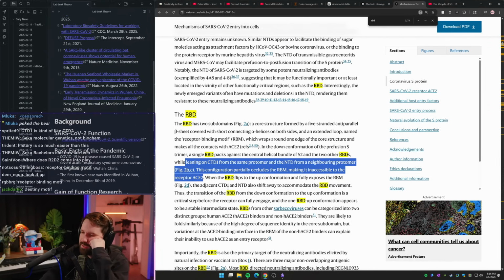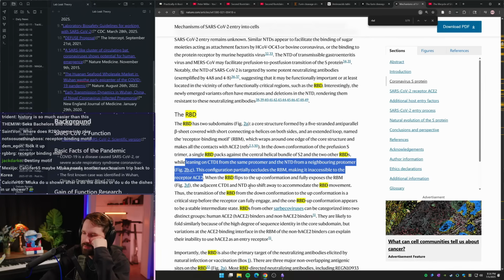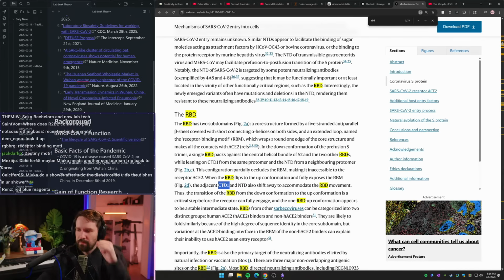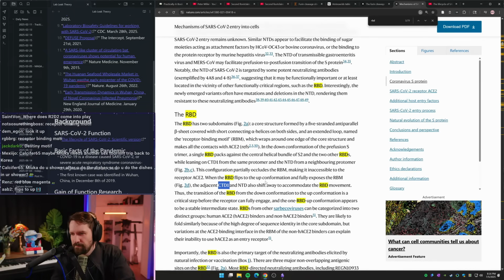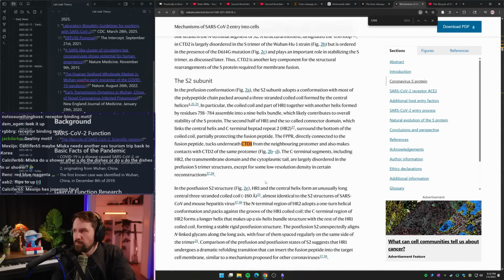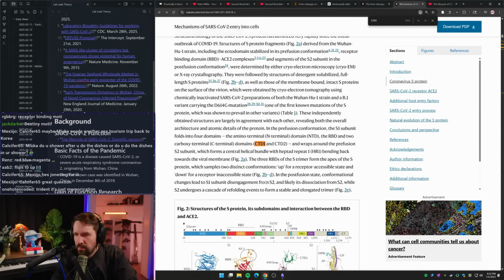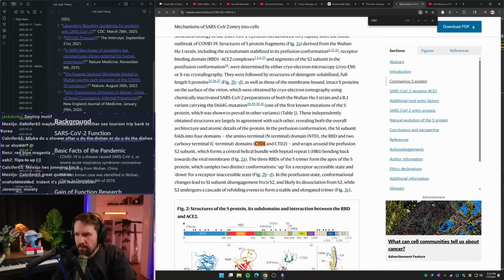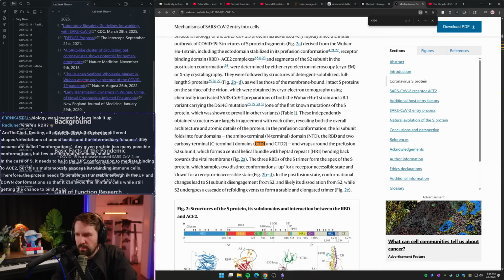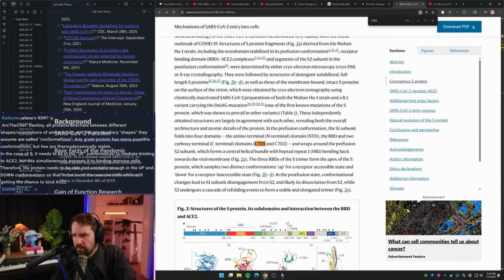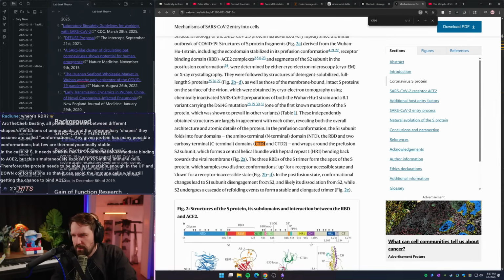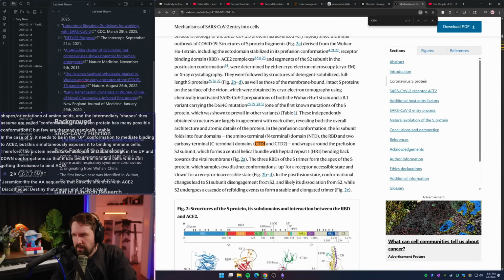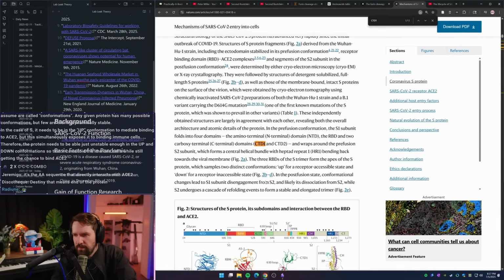The adjacent CTD1 and NTD also shift away to accommodate the RBD movement. Carboxy terminal domains. Okay. The amino terminal domain, the RBD, and two carboxy terminal domains, CTD1 and CTD2.